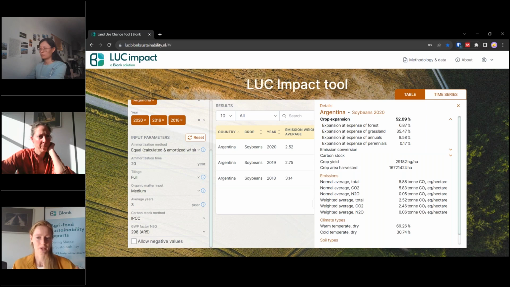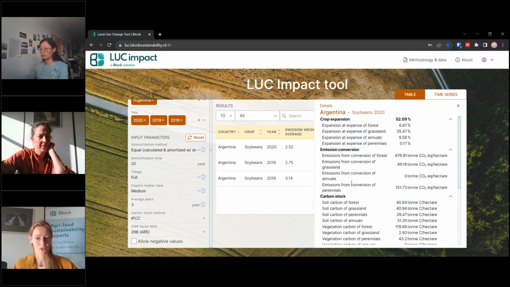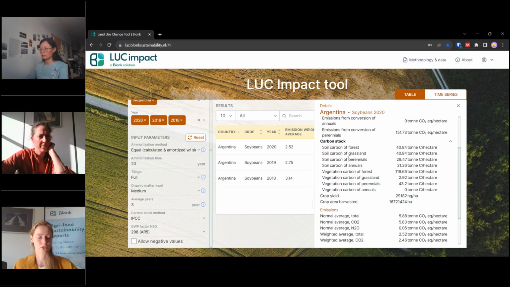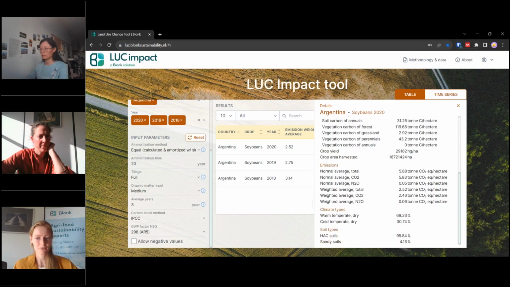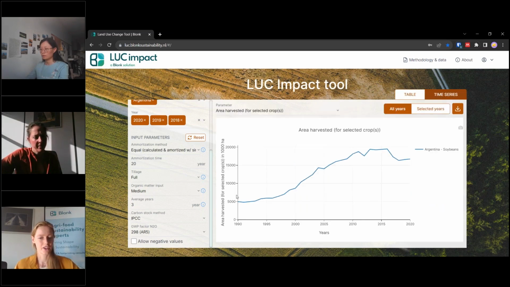For example, which kind of conversions took place, which are the emissions related to each of those conversions, what are the current carbon stocks that are calculated for soil and vegetation, but also, for example, what are the climate types and the soil types which are considered in this calculation. And the nice additional functionality is that you can switch to this other tab, which has time series, and here you can look into the underlying data.